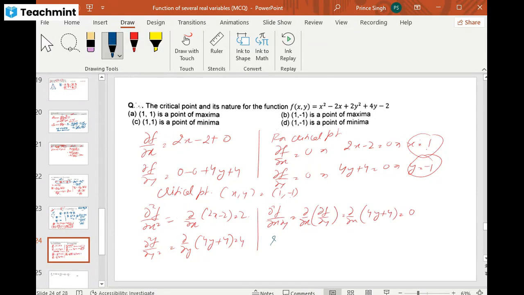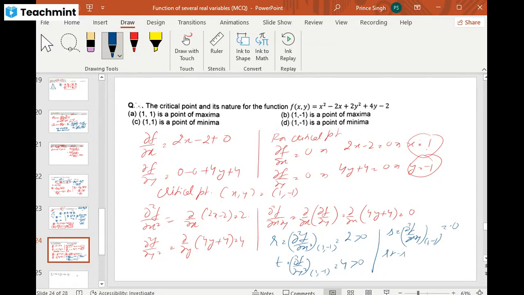So what is r? This is ∂²f/∂x² at the critical point (1, minus 1). This is 2, which is positive. t, with respect to y at the point (1, minus 1), is 4, again positive. And what about s at the point (1, minus 1)? It is already 0.